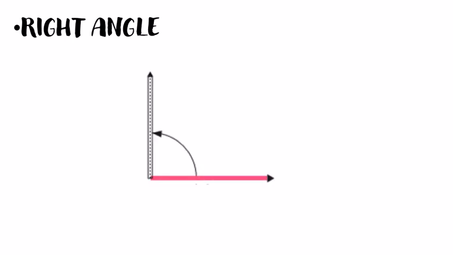Now, the measure of right angle is always 90 degrees. So, when you will measure it with a protractor, you will always get the measure as 90 degree. And so, it is called as a right angle. So, an angle of 90 degree is called as a right angle.